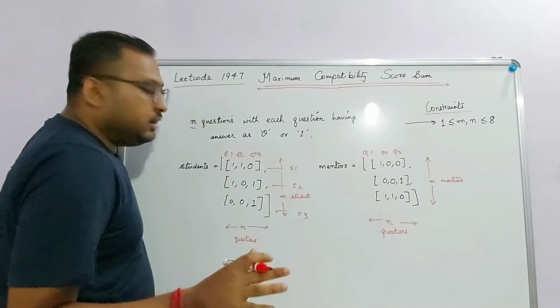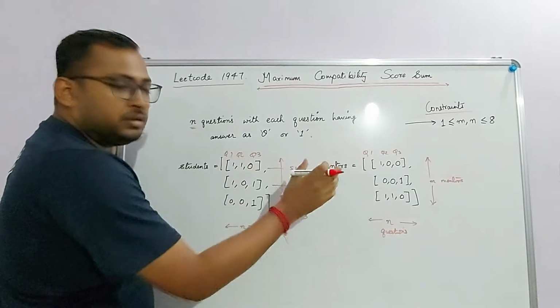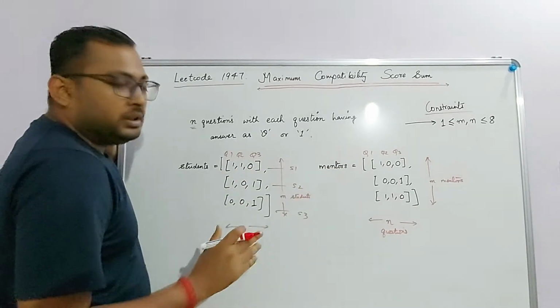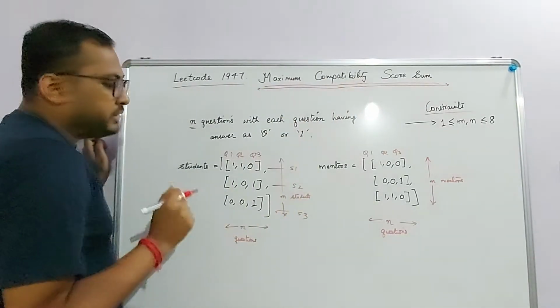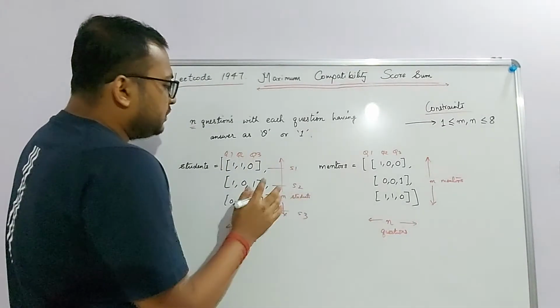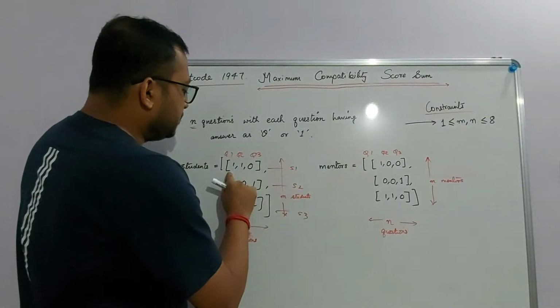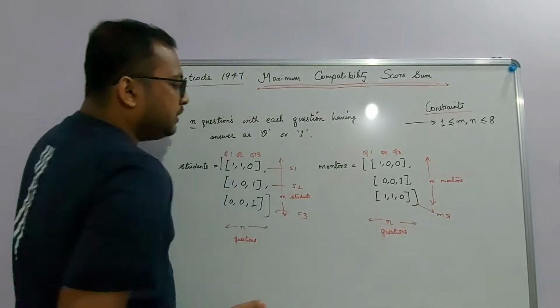Now you have to find the best possible matching such that you match each student with one of the mentors and you get the maximum compatibility score sum. So what is maximum compatibility score sum? Let's first try to match one pair of a student and a mentor. When I match student 1 with mentor 3, what do I get?